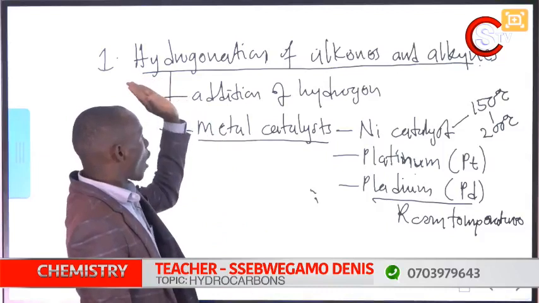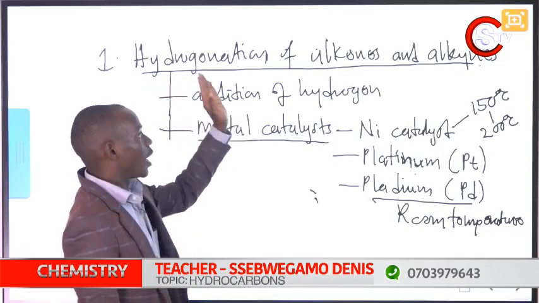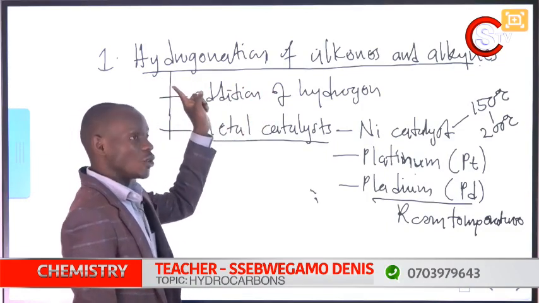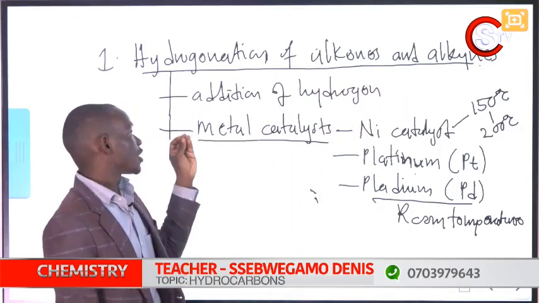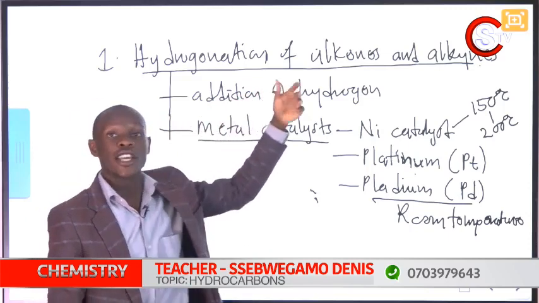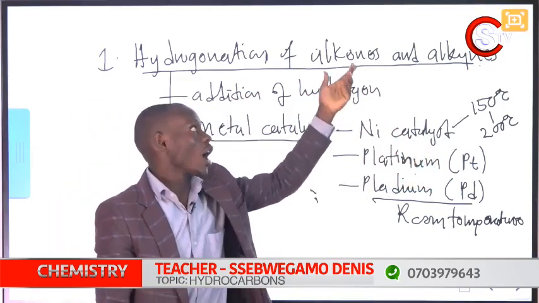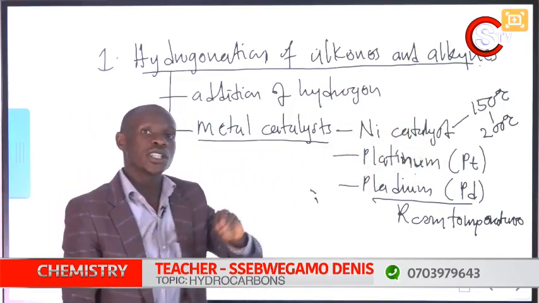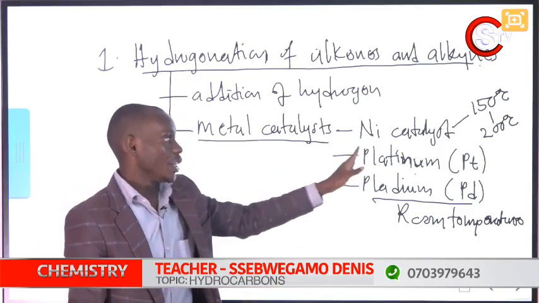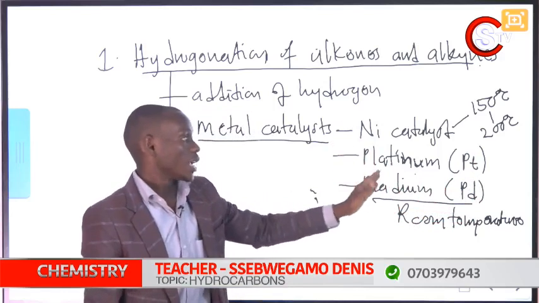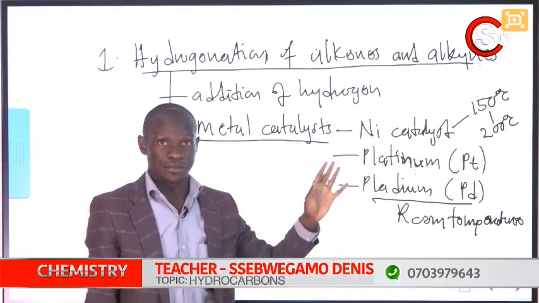So method one of preparing alkanes is hydrogenation of alkenes and alkynes. This simply means addition of hydrogen onto alkenes and alkynes. But because this reaction is slow, we need some metal catalysts. For example, nickel catalyst, platinum, and palladium.